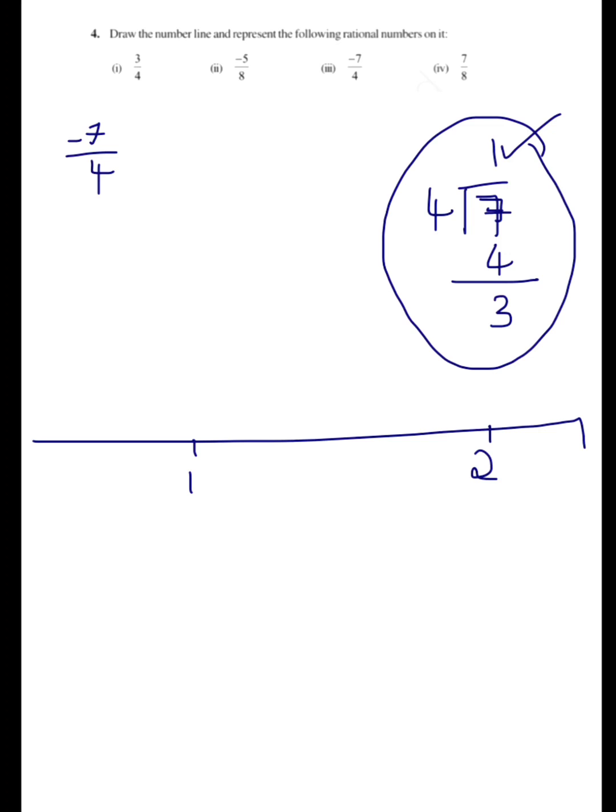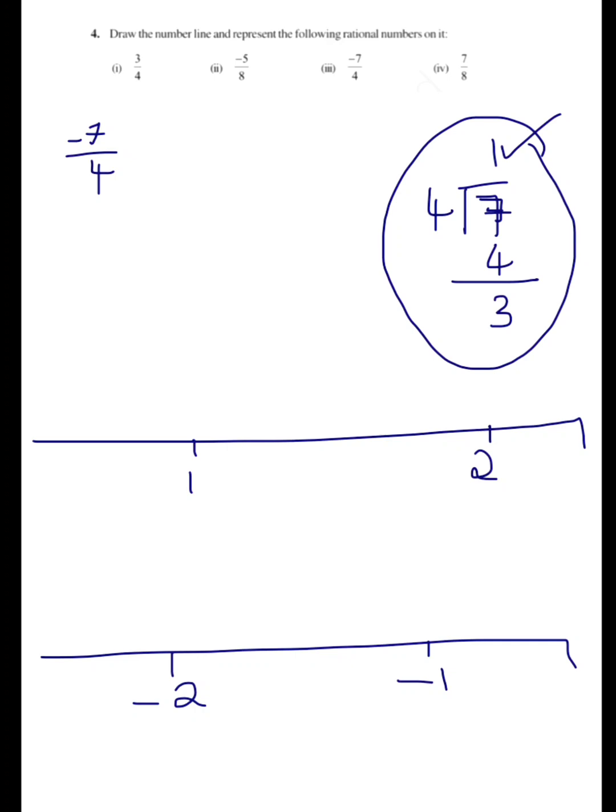That means it will be between minus 1 and minus 2. Since it is negative, it will be between minus 1 and minus 2. Why 1? Because here in the quotient we got 1. So it will be between minus 1 and minus 2.